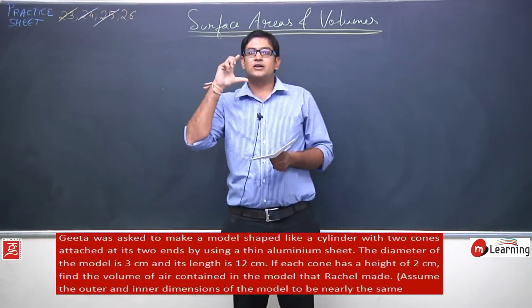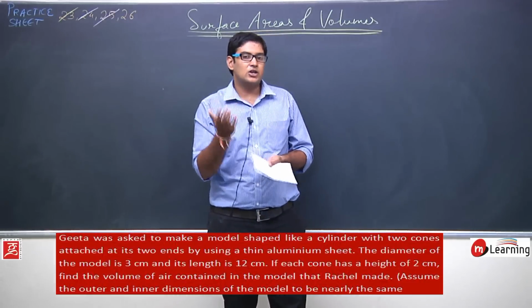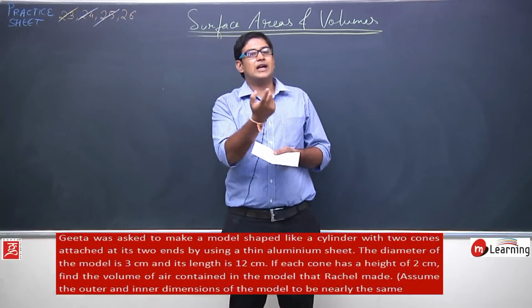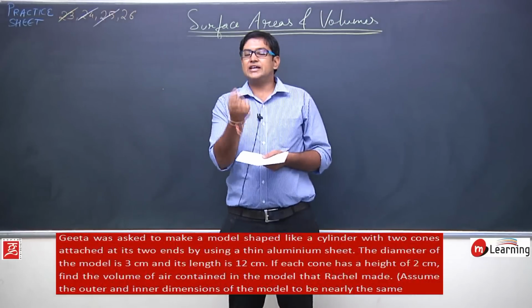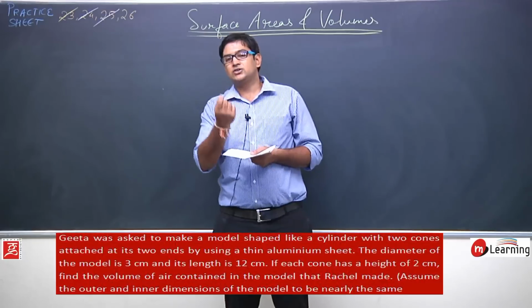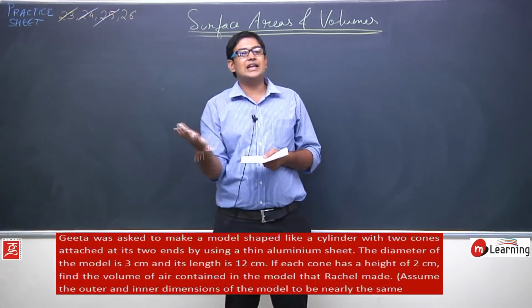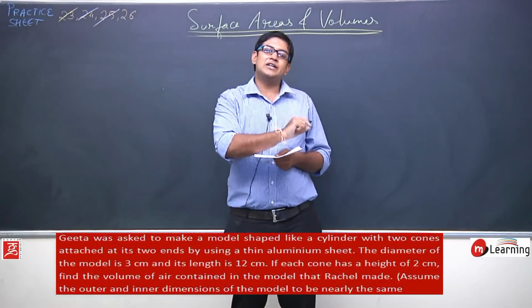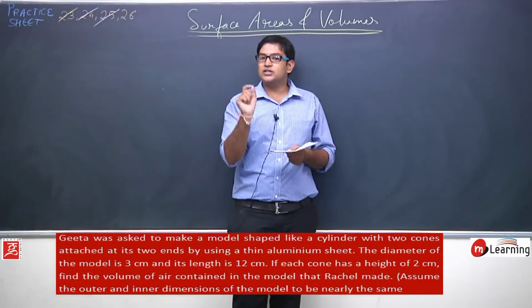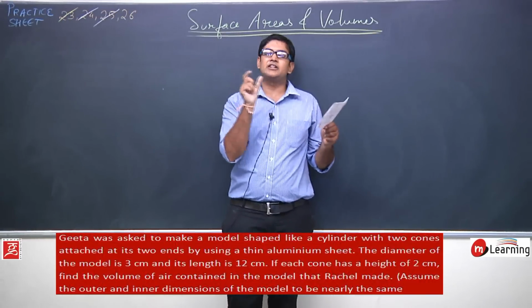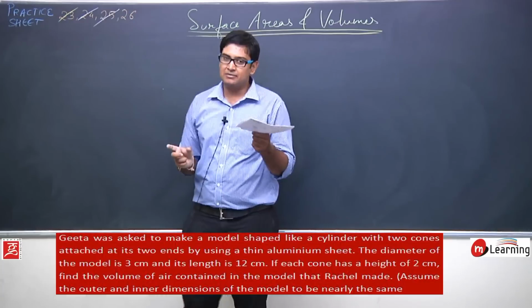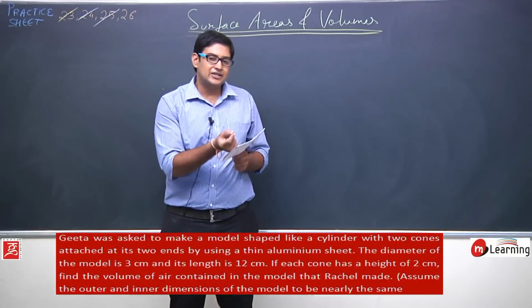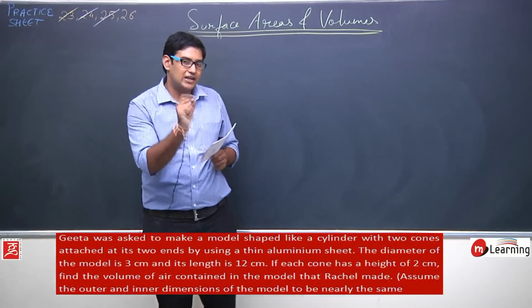For example, if the outer diameter of this model is 3 centimeters, let us assume that the aluminium sheet has a thickness of 1 mm or 2 mm. It is not a very large thickness, so we can neglect the difference between the inner and outer diameters. We can assume that the inner diameter and the outer diameter are the same. So this is what is meant by the information given in the bracket. You can write here that this bracket information implies that the aluminium sheet is very thin.